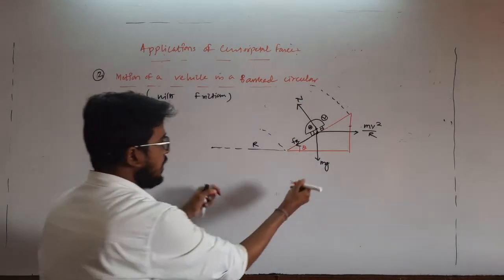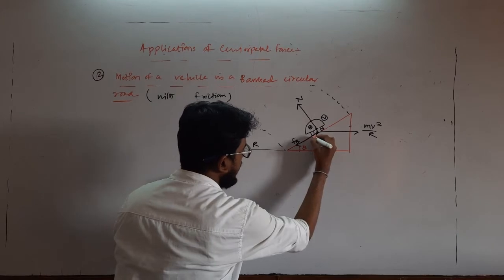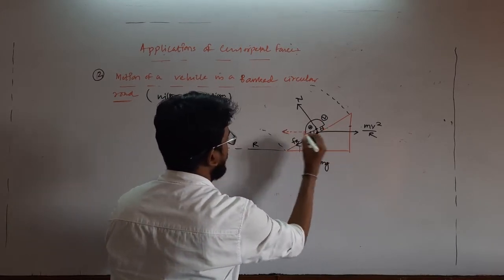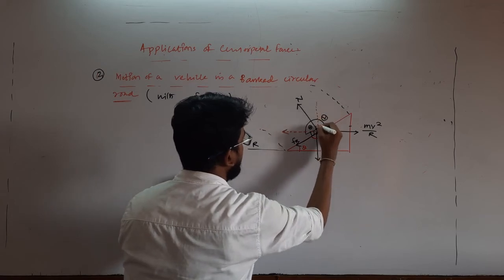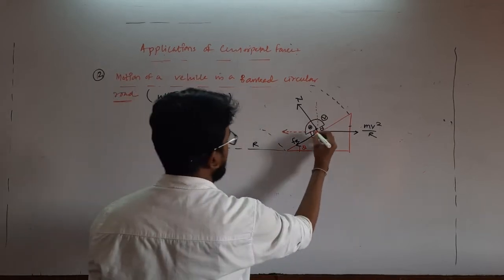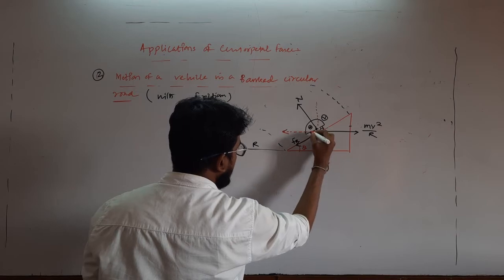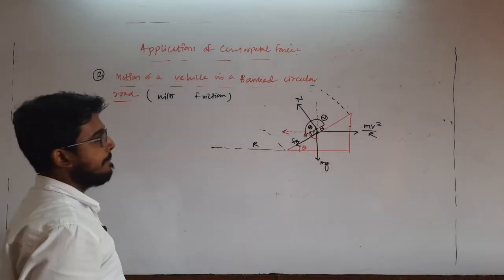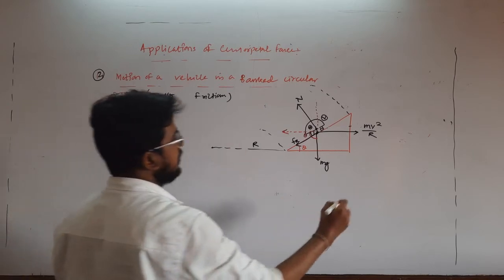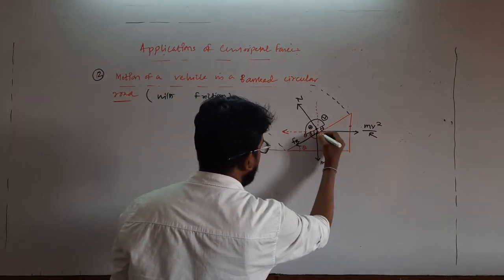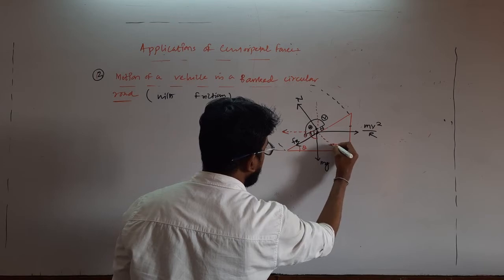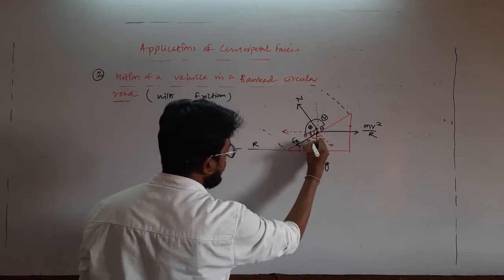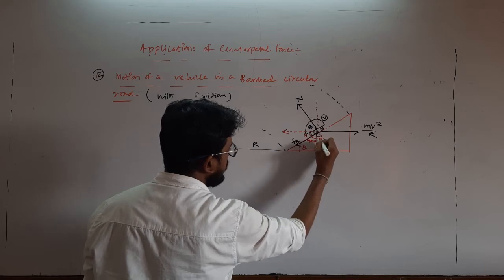So here, if this angle is theta, this will be 90 minus theta. If this is 90 minus theta, this angle will be theta. Clear? Again, this angle will be theta.